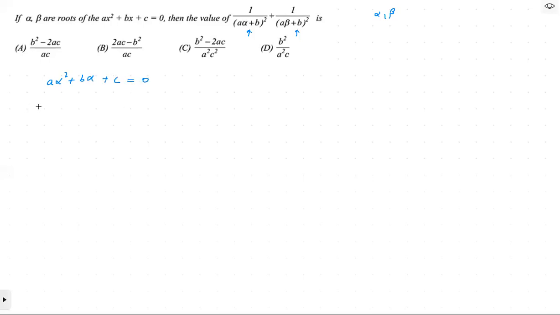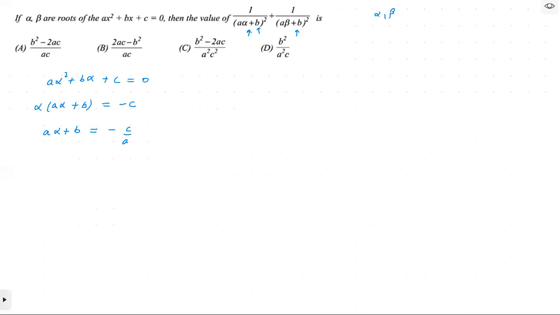So see, now here we just need to find out this. We are having a into, we can take alpha as common, a alpha plus b equal to minus c, right? And here in the denominator, if you try to see, we just need to find out a alpha plus b. So from here we are having a alpha plus b is equal to nothing but minus c by alpha. Fine. Now we'll just try to focus on one expression first.